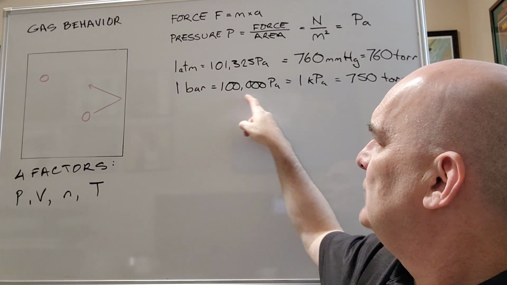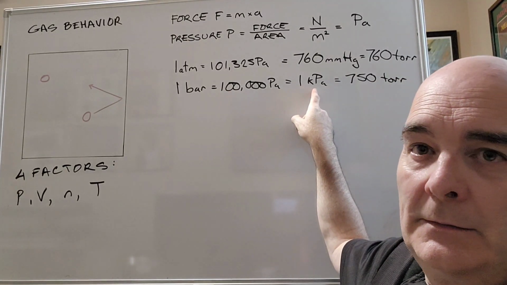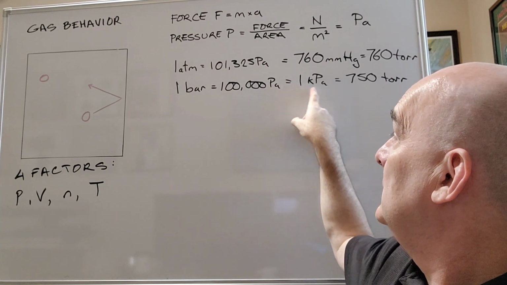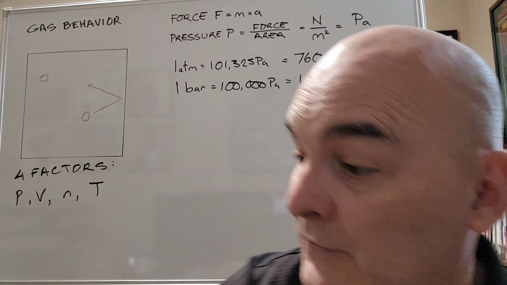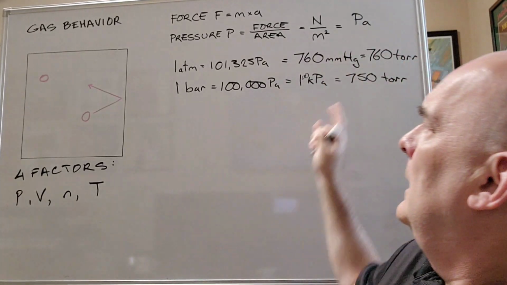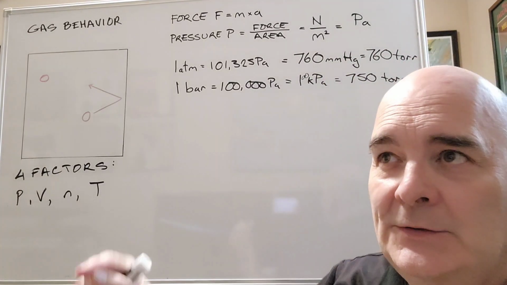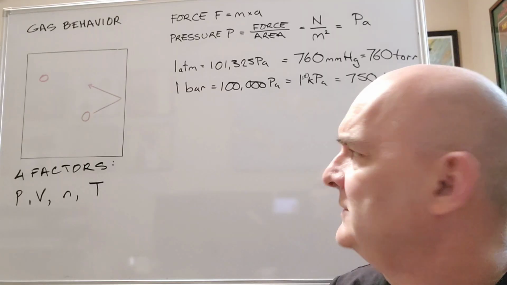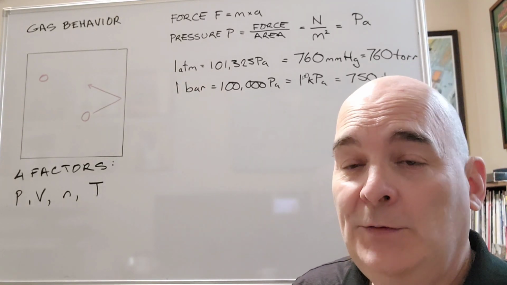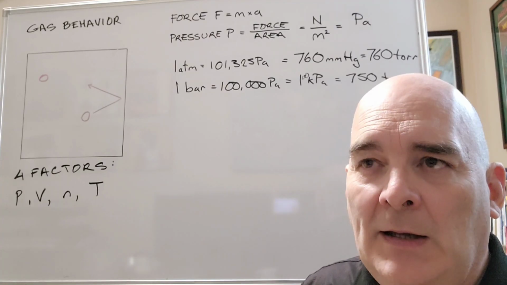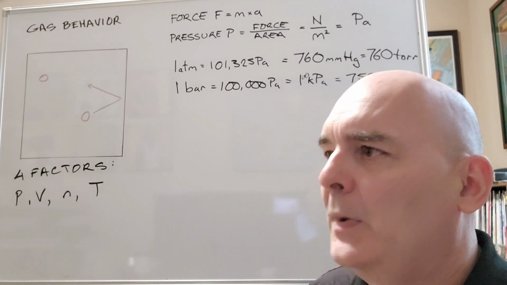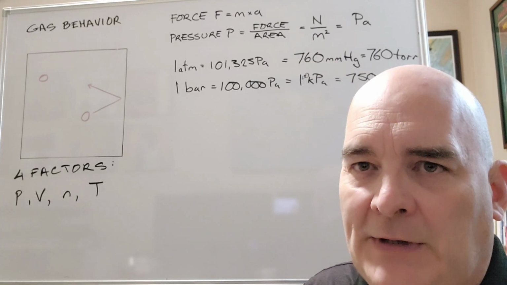If you call that just 100 kilopascals, because it's 100,000, or 750 torr, just round those numbers, that becomes a bar. Bars, of course, are used in meteorology, but we'll see them. But if we can stick to the Pascal, that's the best idea.